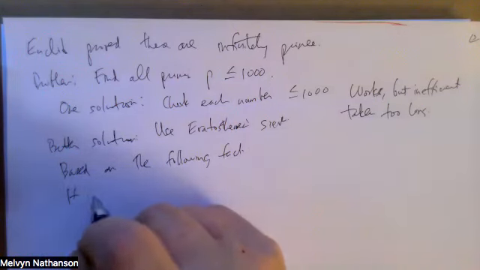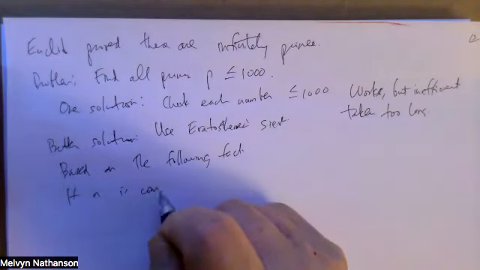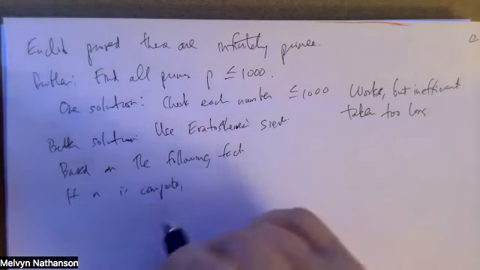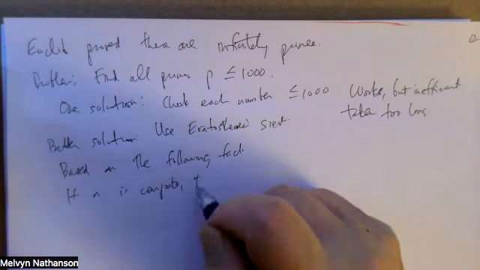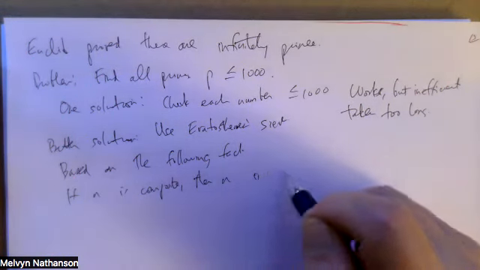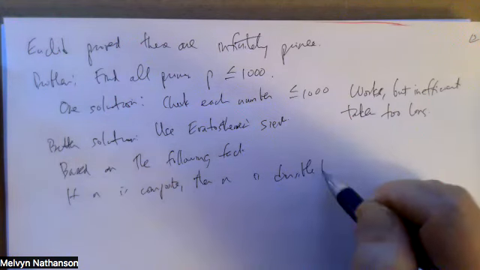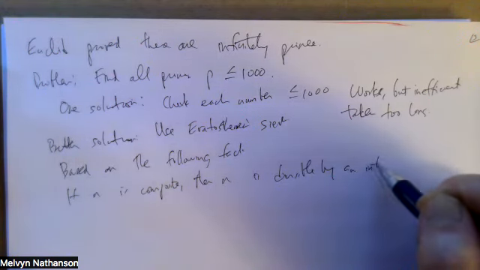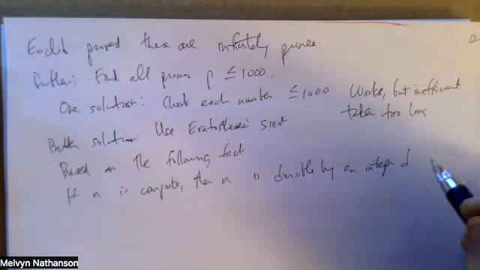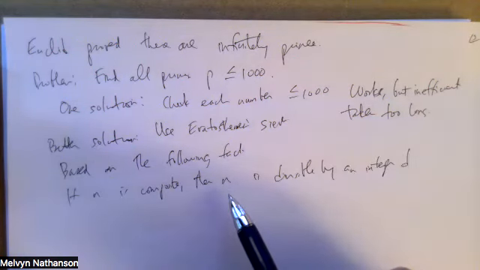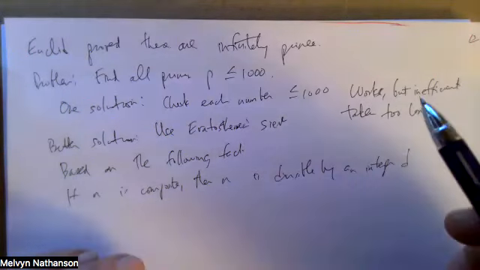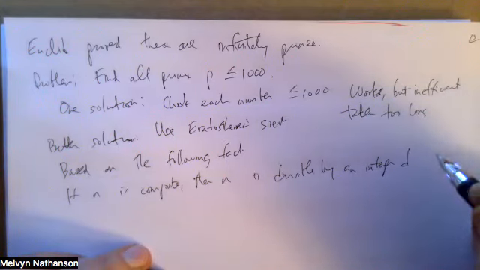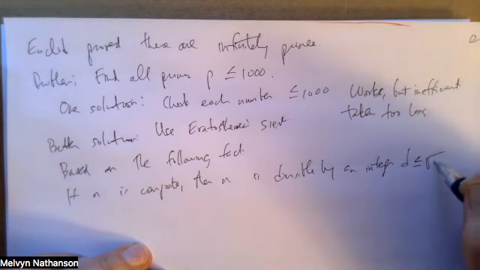The fact is, if n is composite, that means it does have a proper divisor other than itself and 1, then n is divisible by an integer d. So how can you tell if n is composite? Divide it by all possible smaller numbers. But the observation of Eratosthenes is that if n is composite, it's divisible by an integer less than or equal to the square root of n.